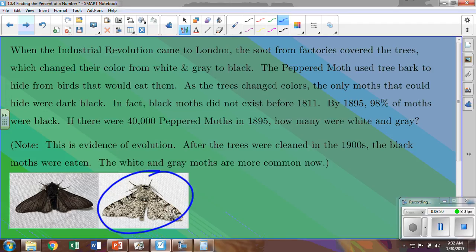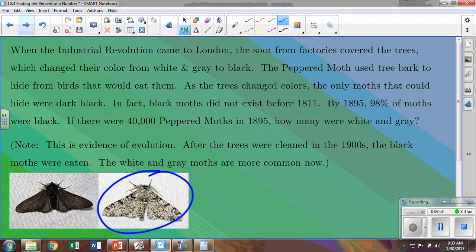Well, as the trees changed colors, all of a sudden the trees were black, the moths had these specks of white, and so the birds could see the white sitting out against the black background on the tree, and the only moths that could hide on the black trees were the black moths. In fact, black moths didn't exist at all before 1811. By 1895, 98% of the moths in London were black.